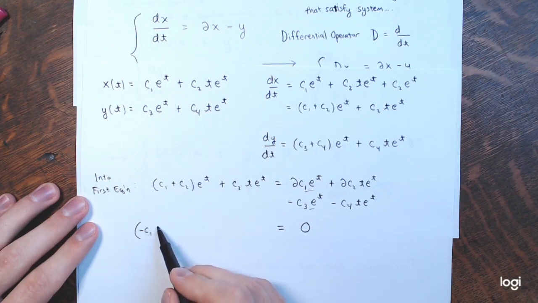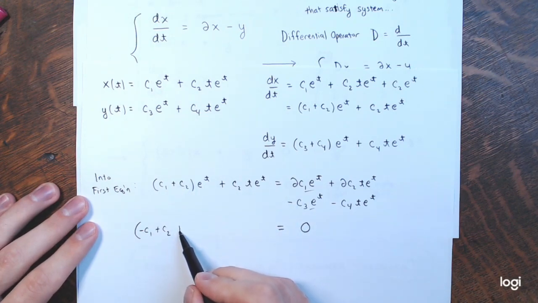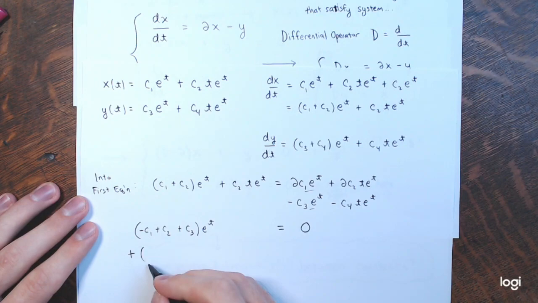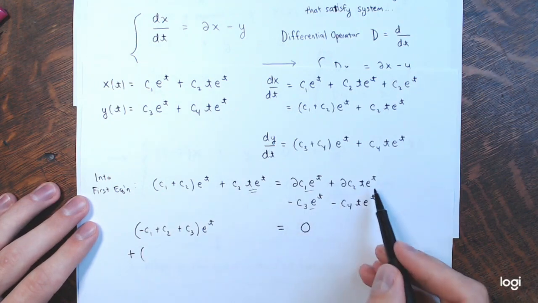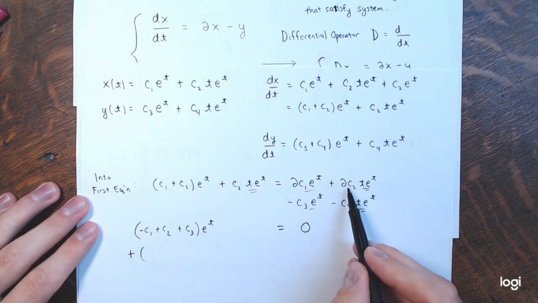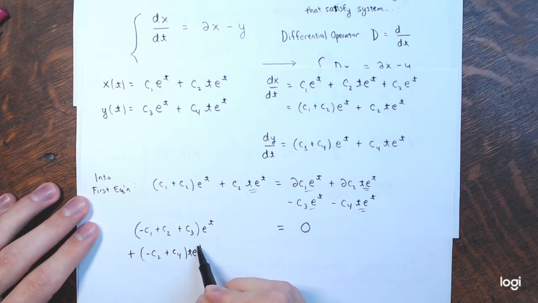Then you still have the plus c2, and then I'd add c3, so plus c3 times e to the t. Plus, for all the t e to the t terms, I have c2, then minus 2c2, and then plus c4. So negative c2 plus c4 times t e to the t.